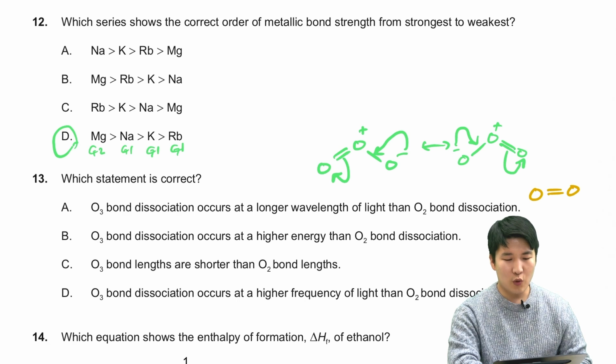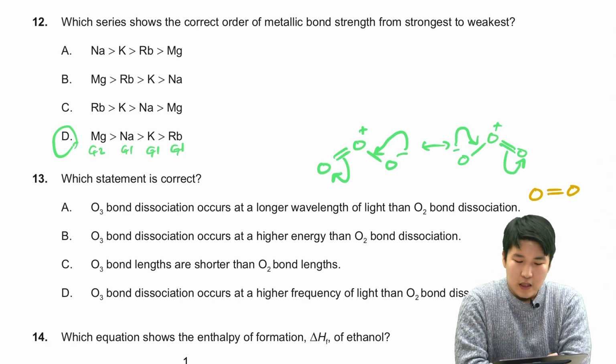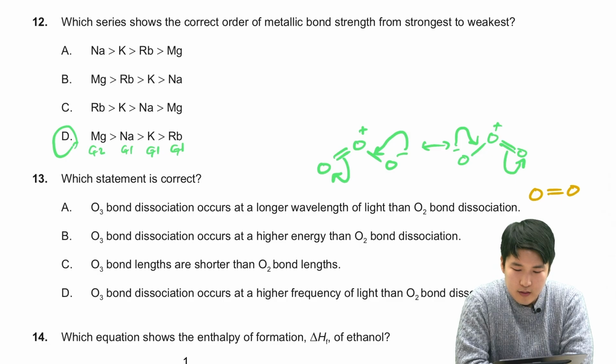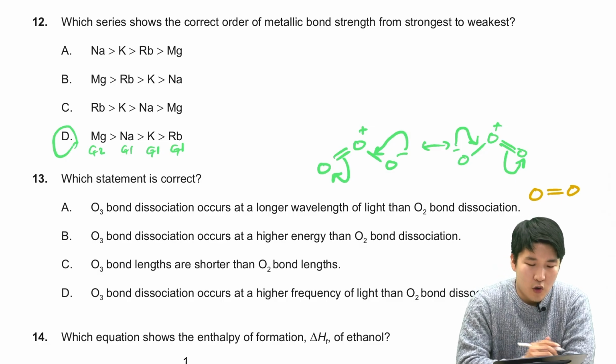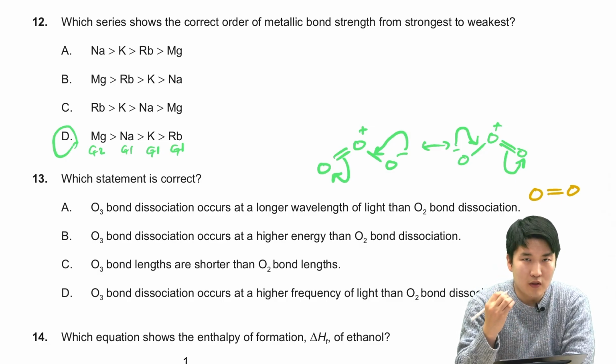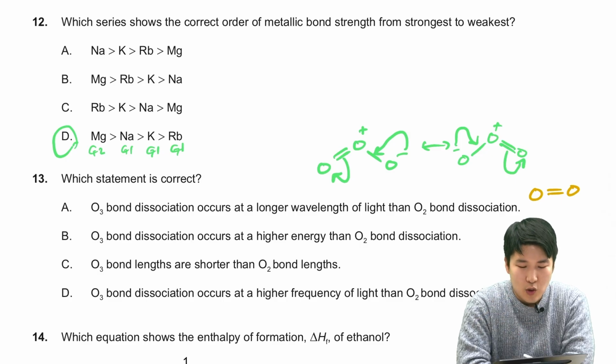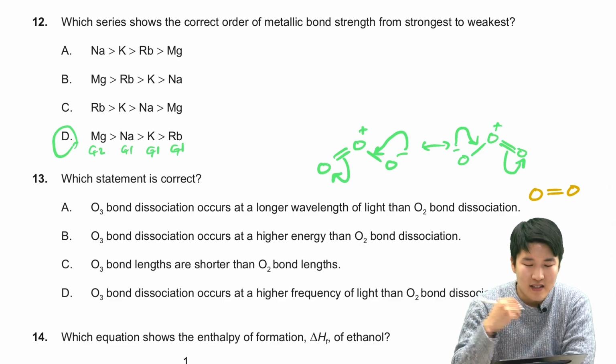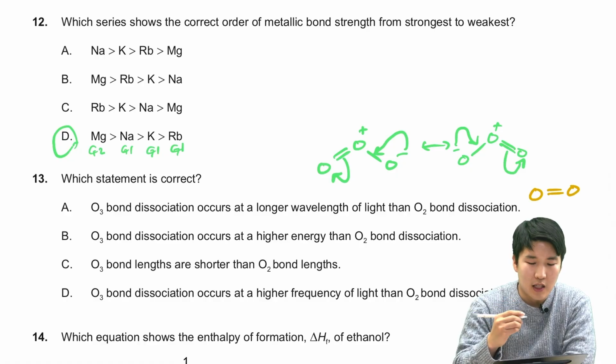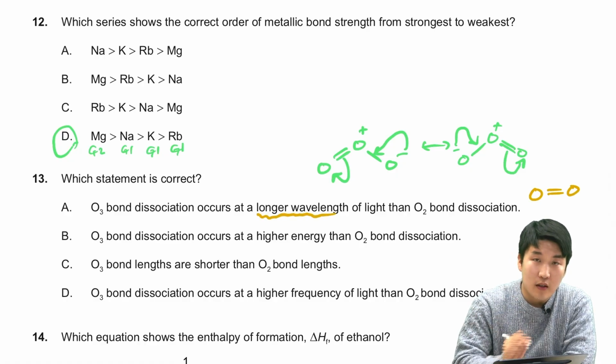So out of the four statements, it appears that A is correct. Ozone bond dissociation will require less energy, as indicated by longer wavelength.